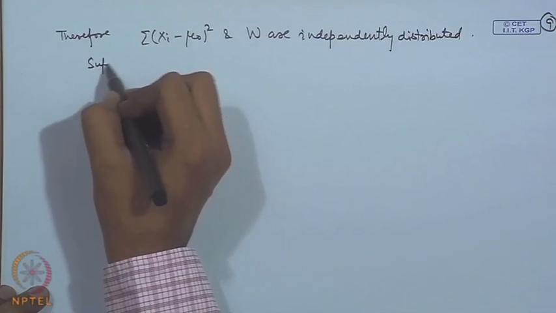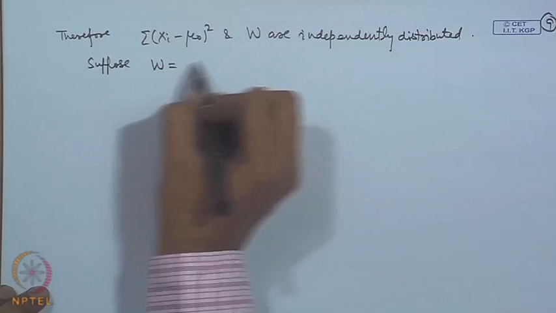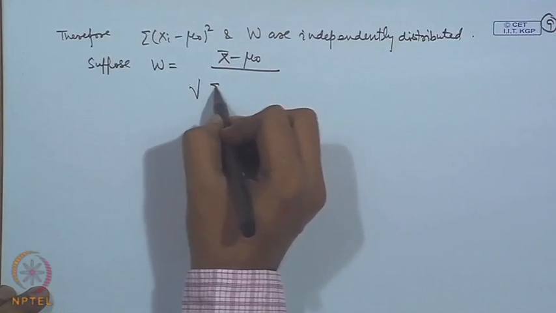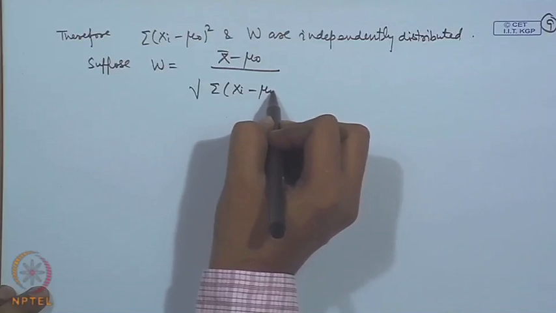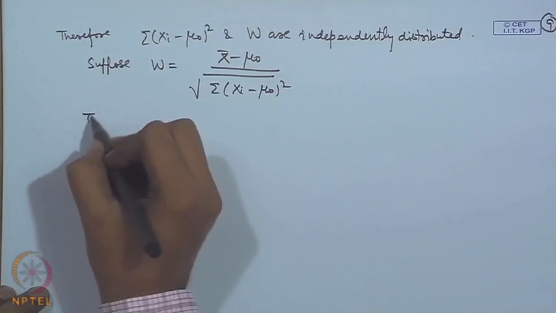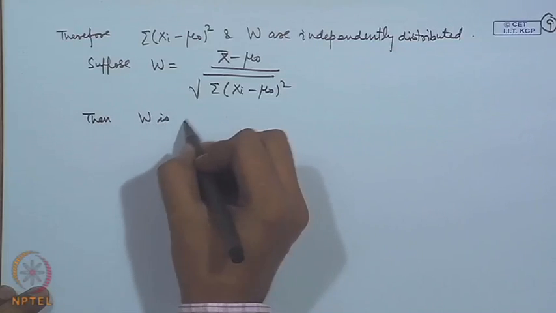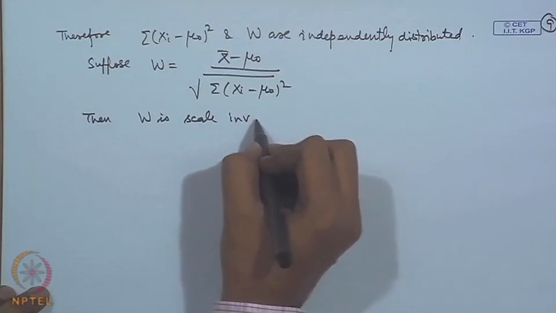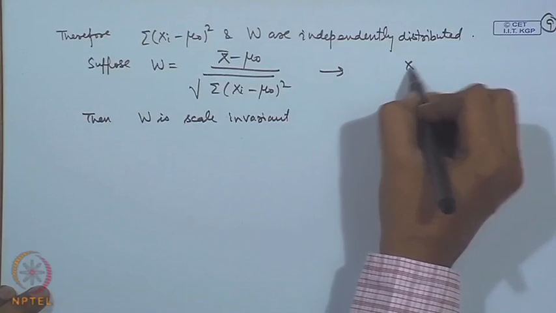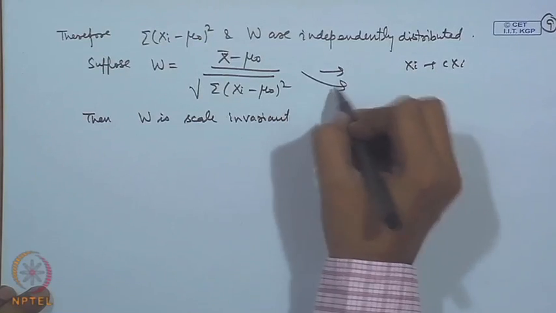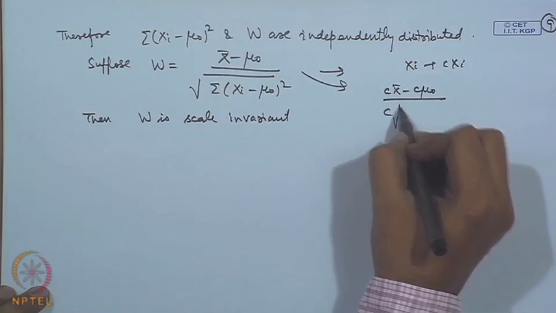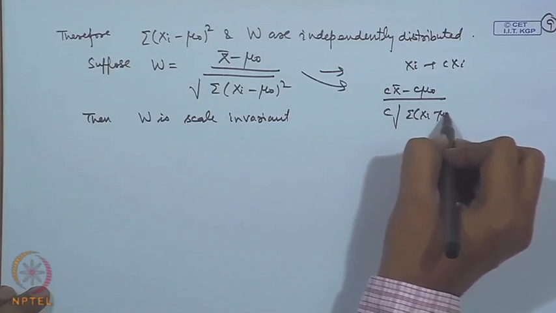Suppose I take w equal to x bar minus mu naught divided by the square root of sigma x I minus mu naught square. Then w is scale invariant, because if I change x I to c x I, then this does not change: c x bar minus c mu naught divided by c square root sigma x I minus mu naught square.